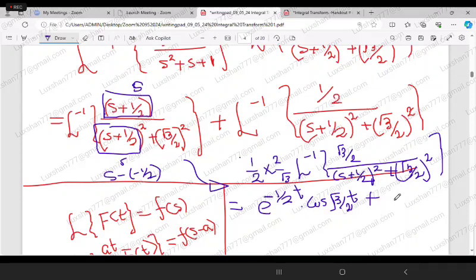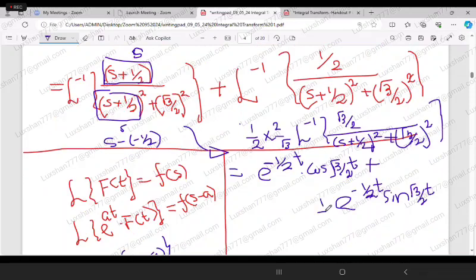Therefore, you can write this as plus e to the power minus half t into sine root 3 by 2 t. But don't forget, when you simplify this one, there is a 1 over root 3.